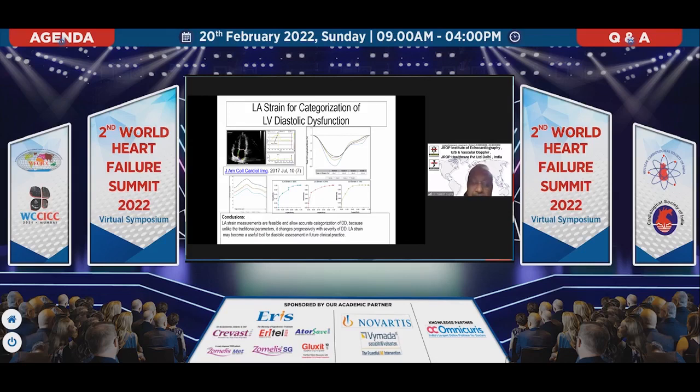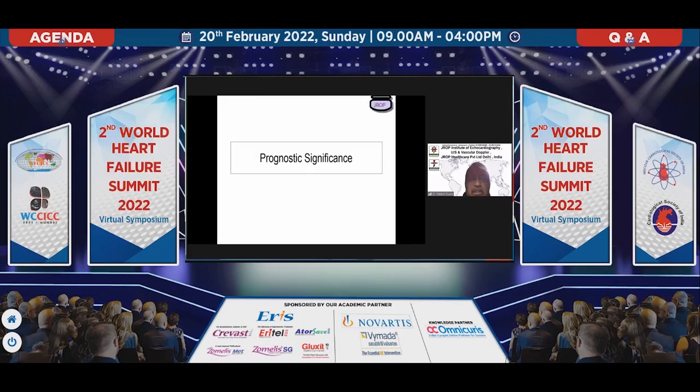If we do a passive leg raising test or we do LS strain, we can really unearth the presence of isolated diastolic dysfunction, where these people have dynamic diastolic dysfunction or stress-induced diastolic heart failure. And this can be easily evaluated by LS strain analysis in this subset of population. Very commonly available as of today. It's not a modality which is not available. Every second machine has this kind of availability.